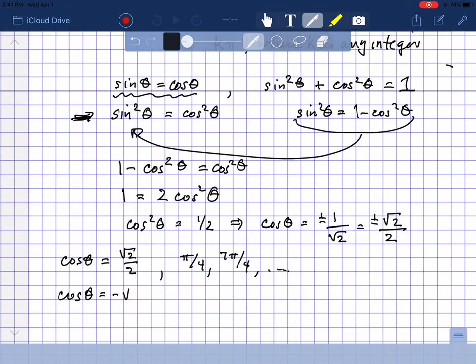And if I look at the cosine of theta equal to minus the square root of 2 over 2, the solutions to this are 3 pi over 4, 5 pi over 4, and so on. All right.